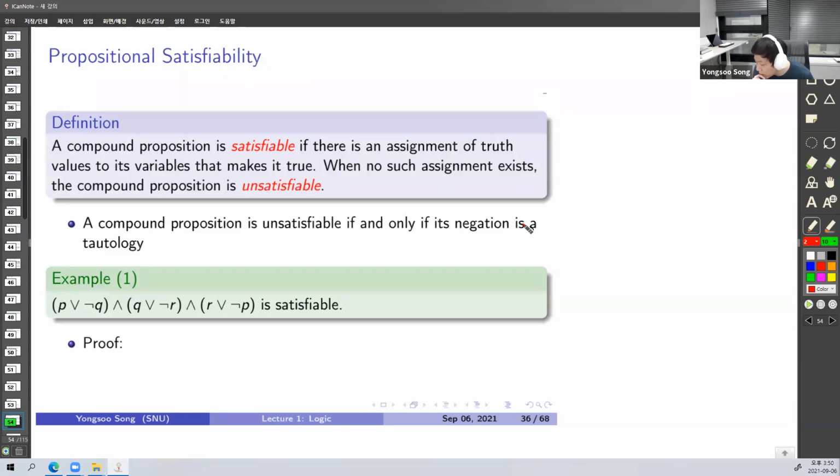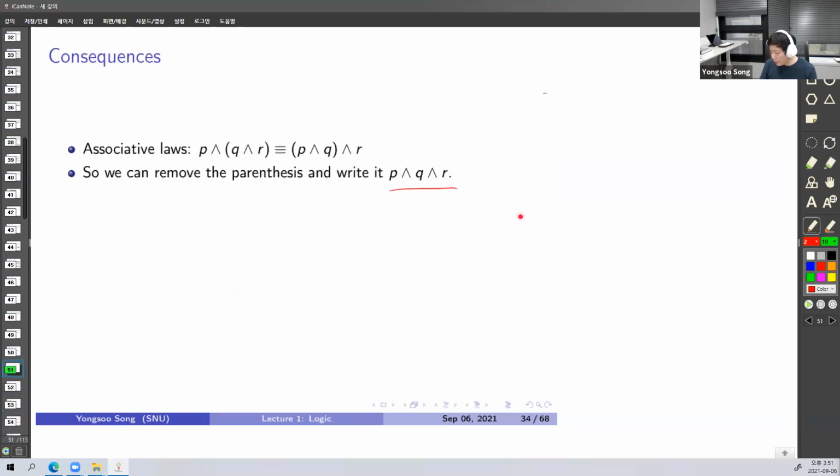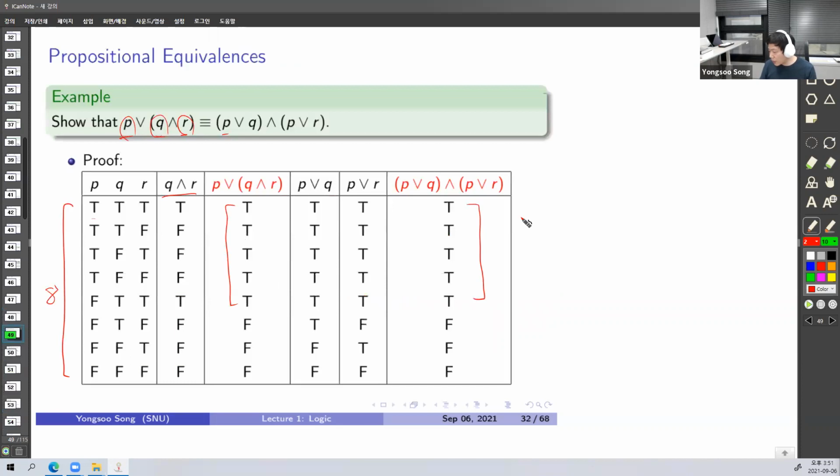So, another definition. A compound proposition is called satisfiable if there is an assignment of truth values to its variables that makes it true. So what does it mean? Let's take this proposition as an example. There are eight combinations of atomic propositions here.